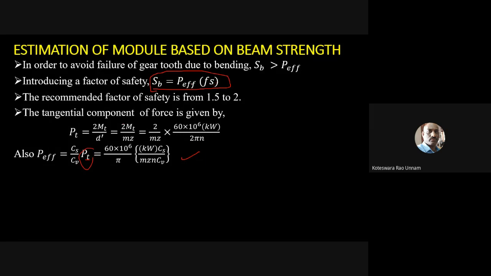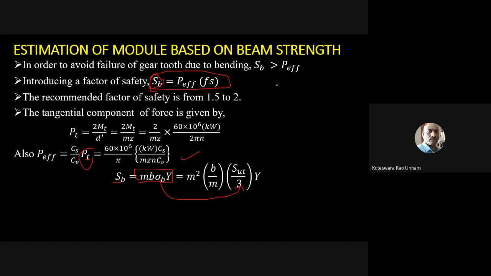In this equation, I'll substitute P effective, and also SB. SB we derived as M into B into sigma B into Y, and sigma B, the allowable bending stress, I'll take as SUT by 3. Here I'll make a little modification.